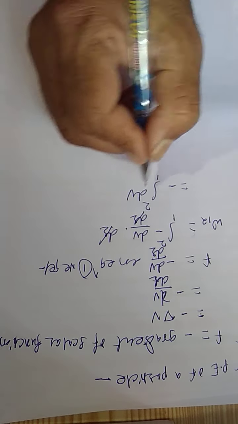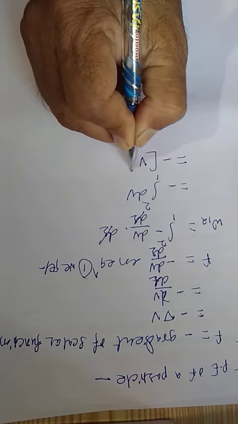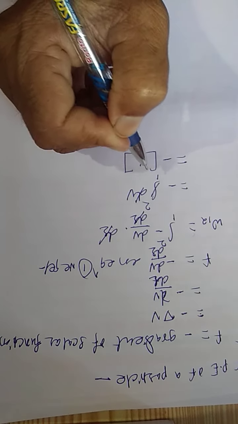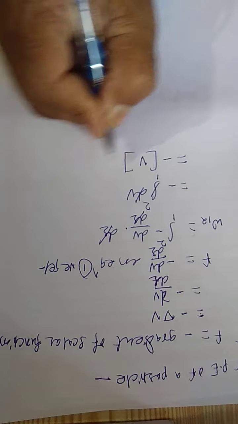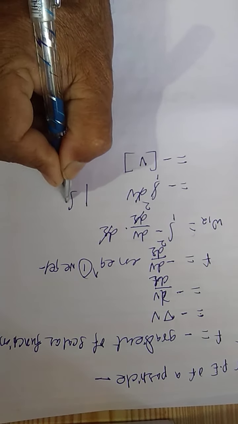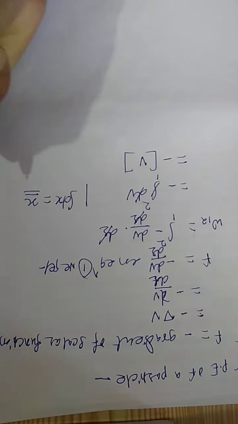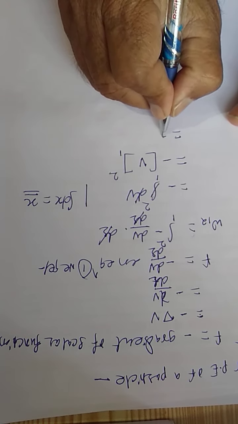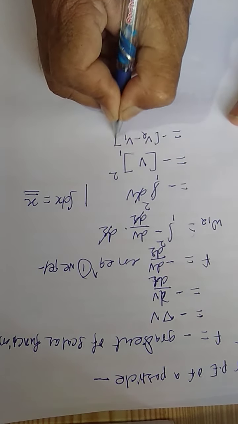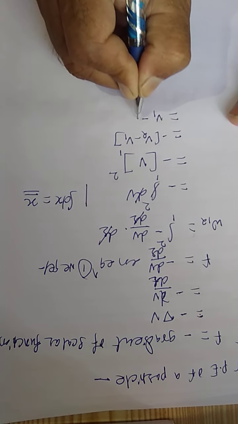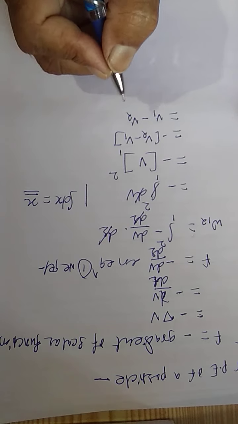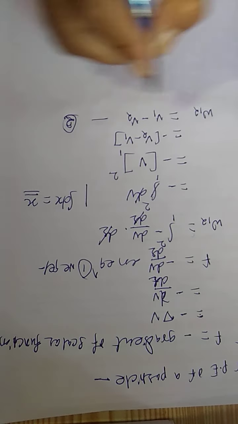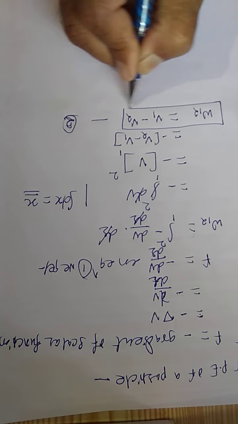That is, the integration of dV is V. Here the derivative and integration cancel with each other, leaving only V. Using the result, integration of dx equals x, from 1 to 2, now put upper limit minus lower limit: minus into bracket V2 minus V1, which is equal to V1 minus V2, which is equal to W1 to 2. This is equation number 3.